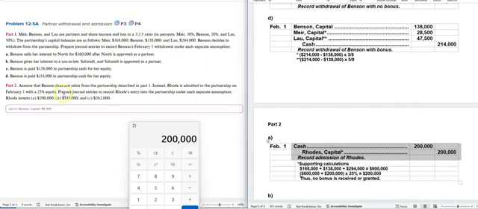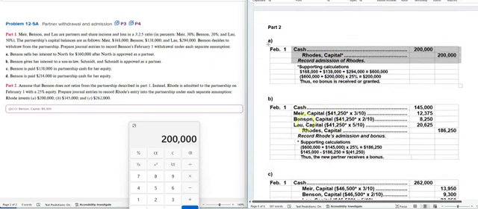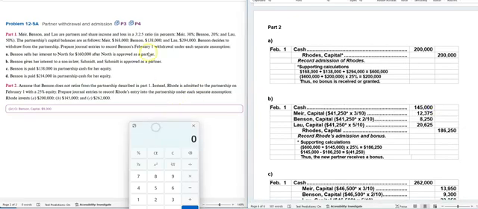But if this new partner Rhodes only invests $145,000, the business's cash increases $145,000. The equity will be the $168,000 from Mayor, $138,000 from Benson, and $294,000 from Lau, plus the $145,000 invested by Rhodes.